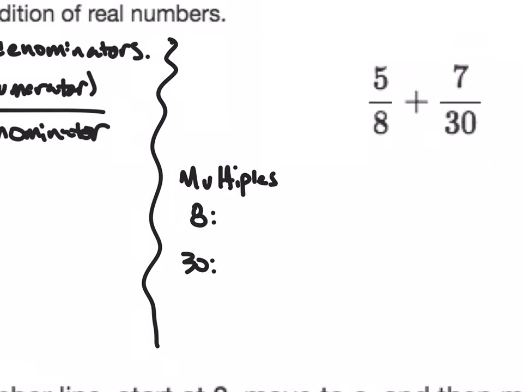I'm going to do 30 first: 30, 60, 90, and then 120. I'm going to stop there, because sometimes you have to think about this for a second and ask, am I really going to multiply 8 by all those different numbers until 120?